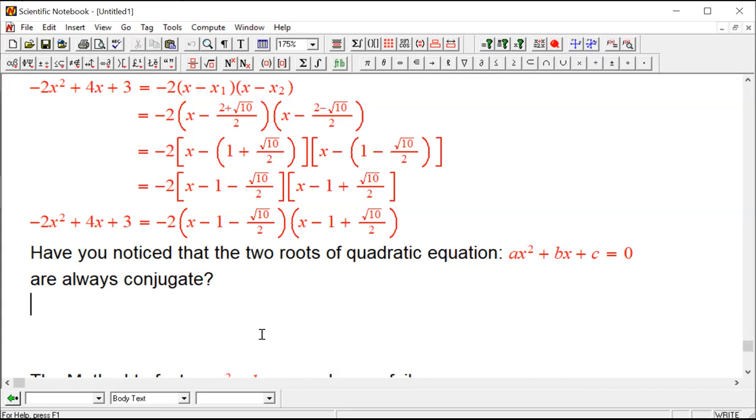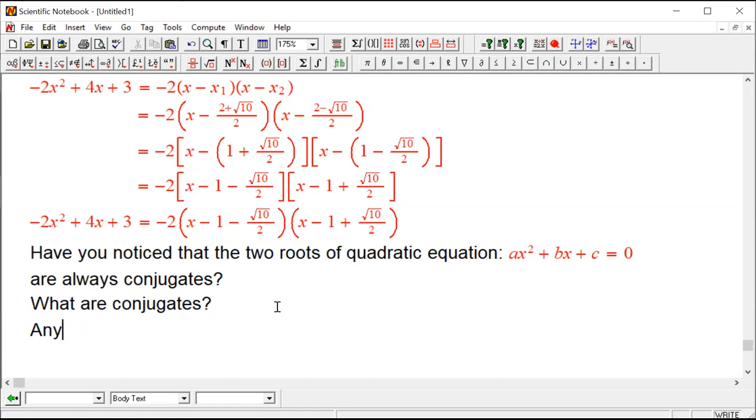Do we remember what conjugates are? All right, so let me tell you what conjugates are.